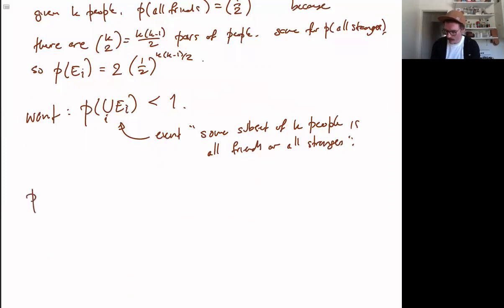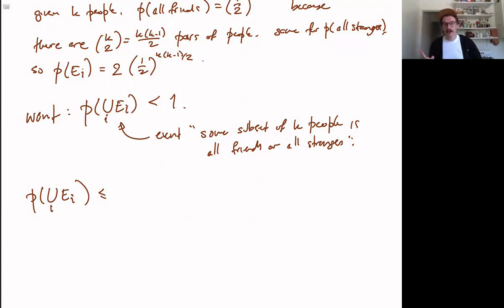Or maybe this is the point where I will stop thinking about the big picture and start thinking about reviewing some rules of probability. So you will remember that the probability of a union of events, if they are disjoint, is equal to the sum of the probabilities.